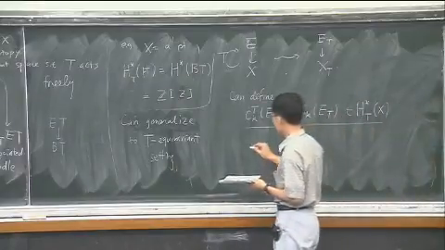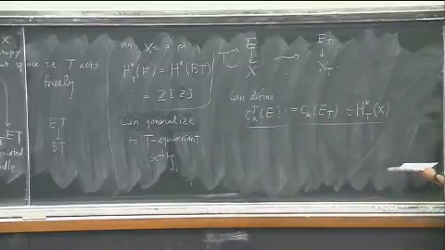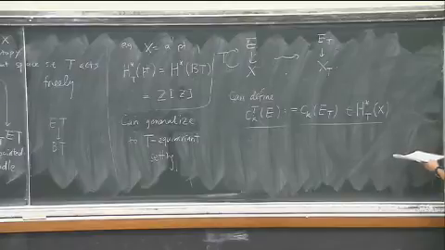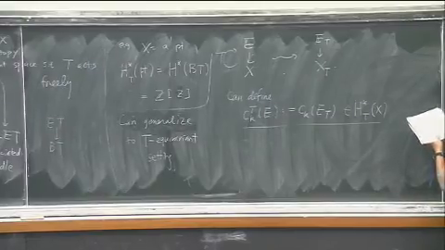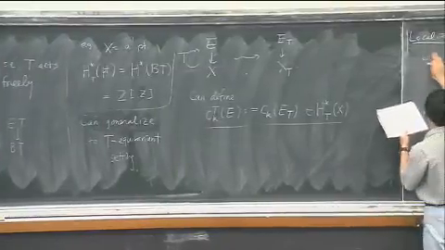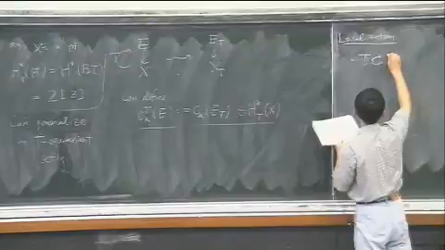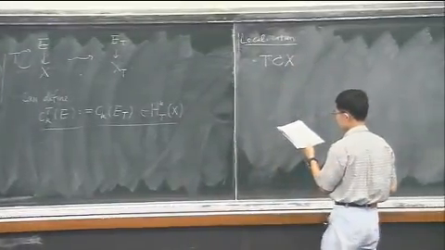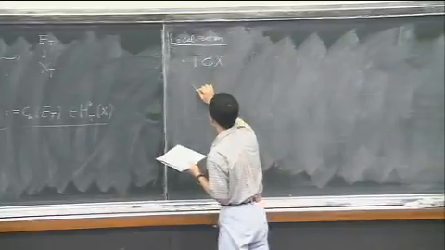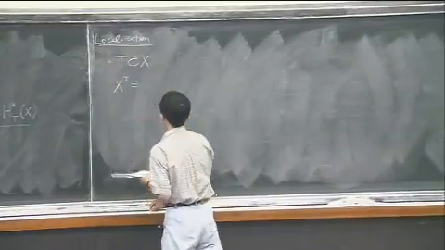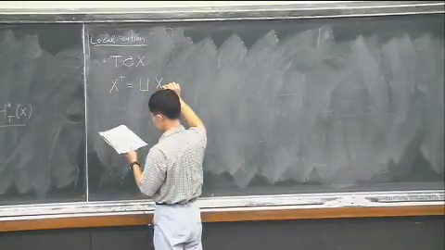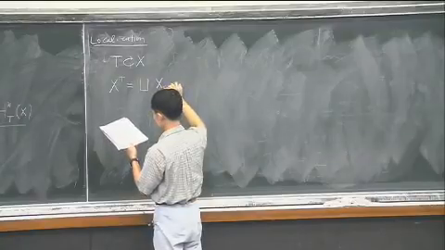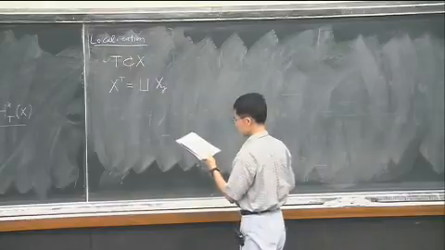So now we want to talk about localization. What can I say about localization? Our setup is that T acts on X, and the fixed locus can be written as a disjoint union of X_j, all smooth. That's notation I need to change.